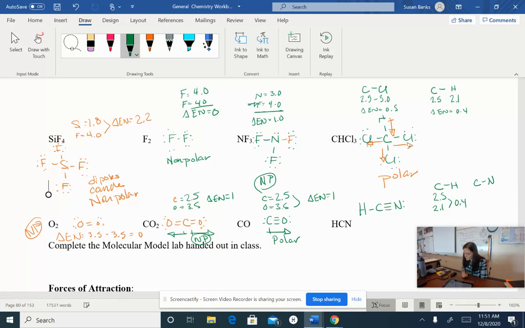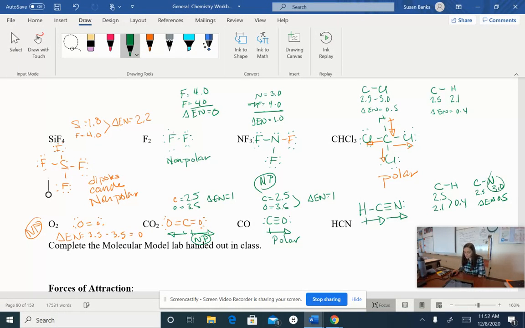Carbon's more electronegative, so we're going to have electrons pushing towards the carbon. And then carbon is 2.5, and we looked up nitrogen before. Nitrogen is 3.0, so our difference here is 0.5. Nitrogen's more electronegative, so we're going to have electrons pushing towards the nitrogen.